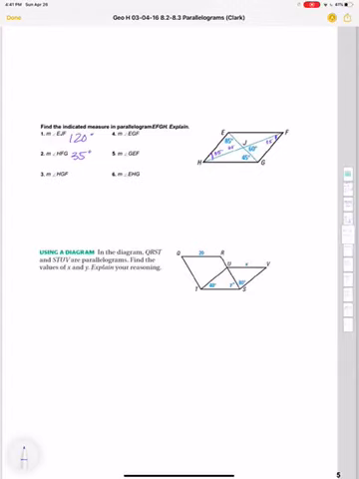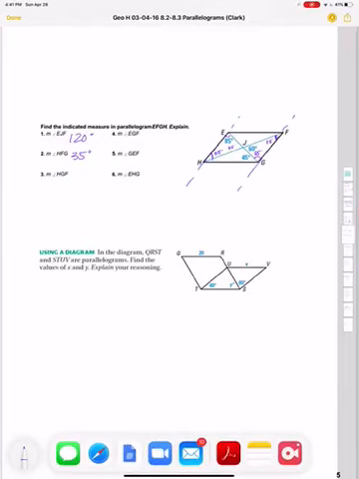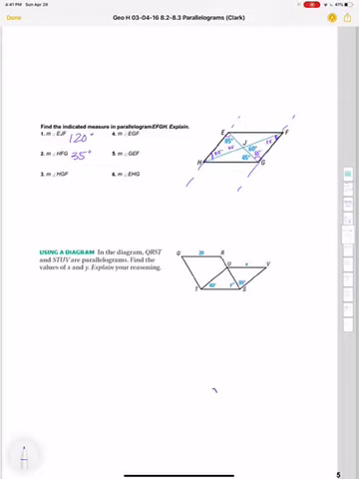Oh yeah, and also this is 85 because that's 85 right here. And they are parallel lines cut by a transversal, and those are the alternate interior angles. Like if you see this is parallel to this, and if your transversal is this thing, then these are alternate interior angles.